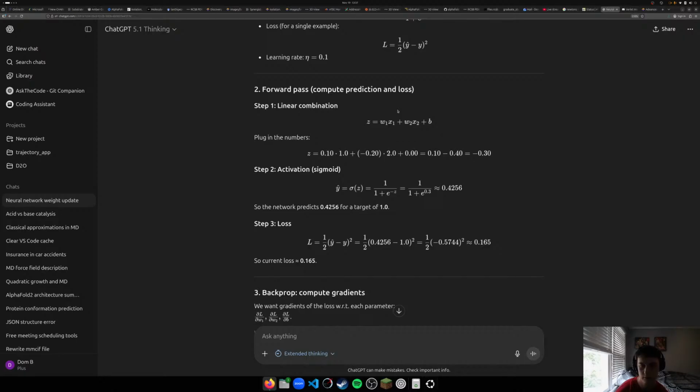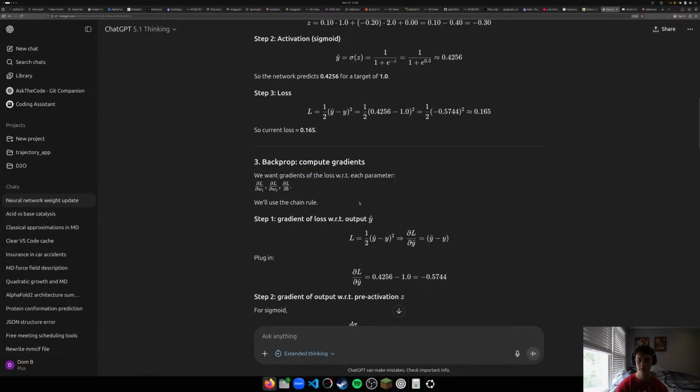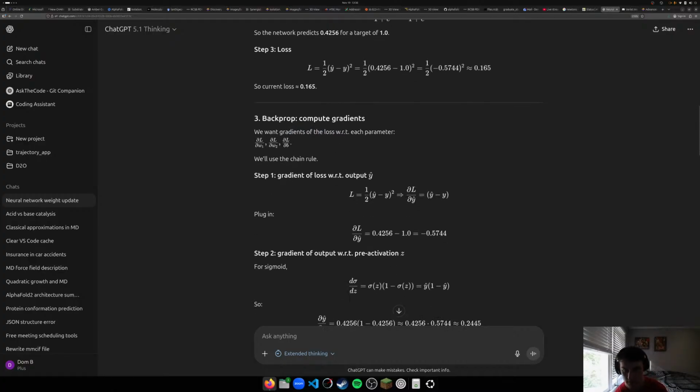Plug in the numbers, get -3.0, or 0.3. Current loss is that, we want the gradients of the loss with each parameter. We'll use the chain rule. So this is what we're optimizing, the weight 1, weight 2, and the bias.